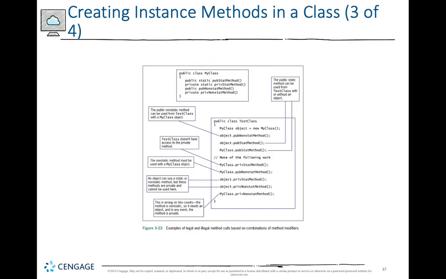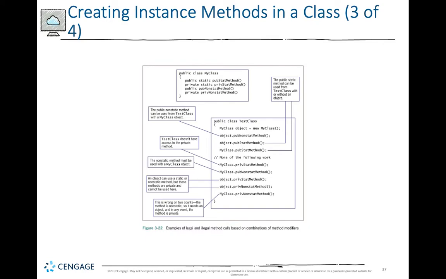And what they're trying to demonstrate is that this is legal, meaning yes, it can be done. It's legal because it's an instance method. The one below it, object dot pubStaticMethod.